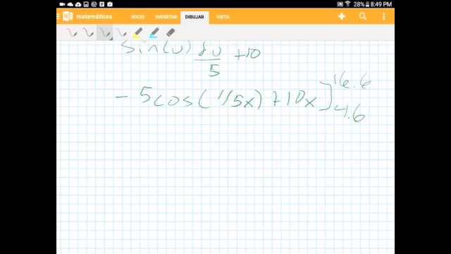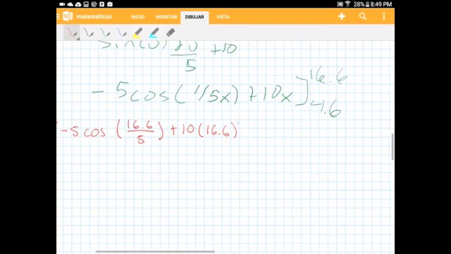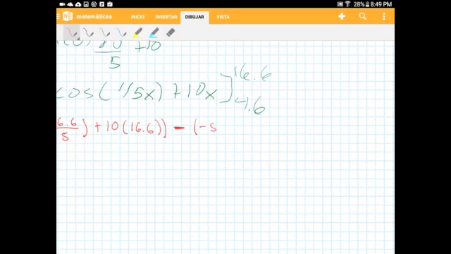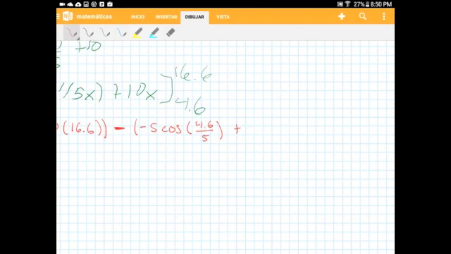So first, let's plug that in: -5 cosine of 16.6 over 5, plus 10 multiplying the 16.6, all these minus -5 cosine of 4.6 over 5, plus 10 multiplying 4.6.